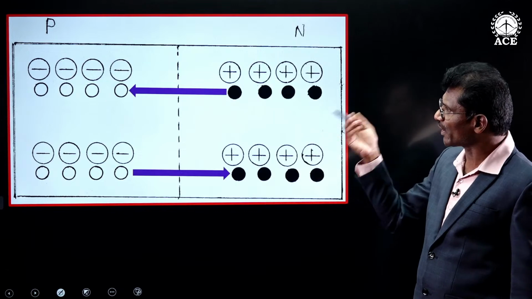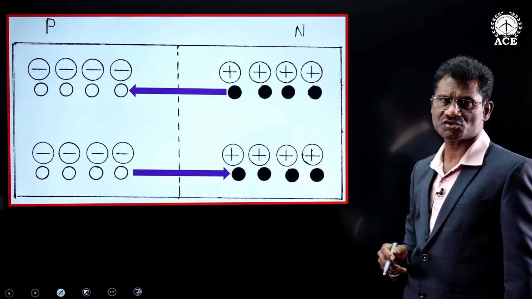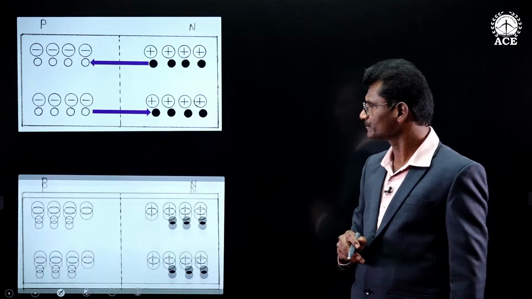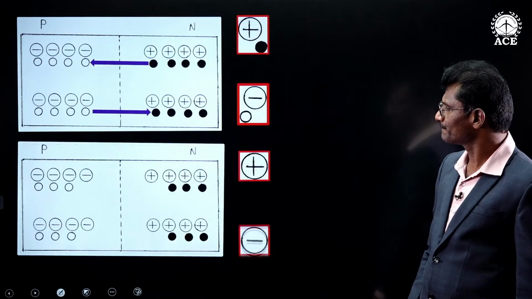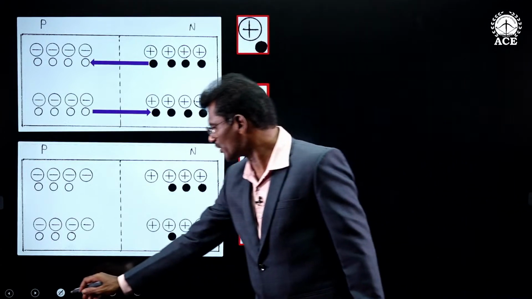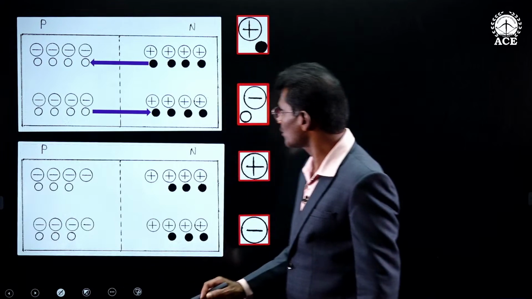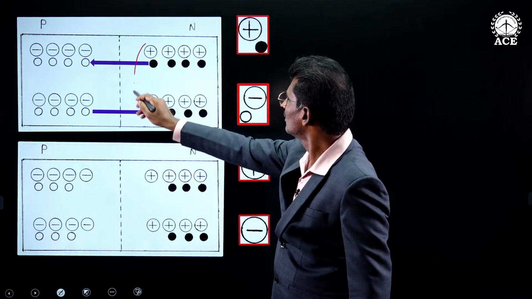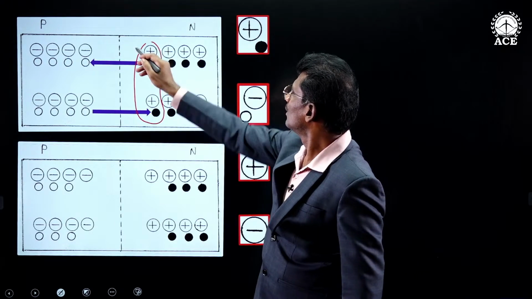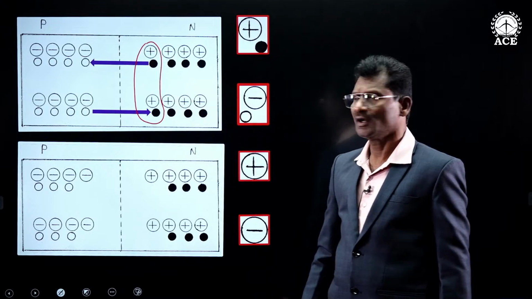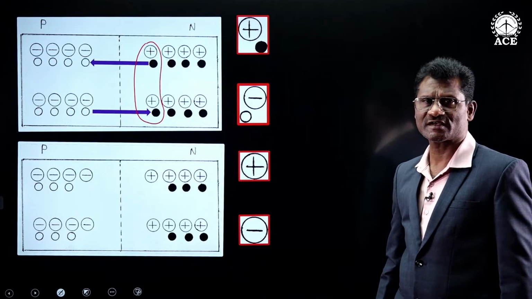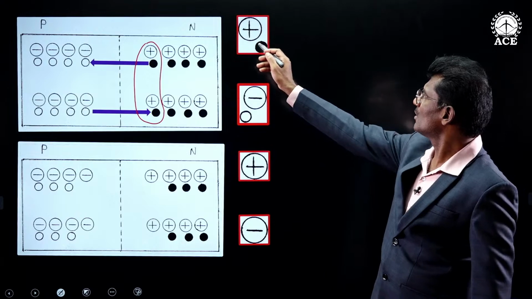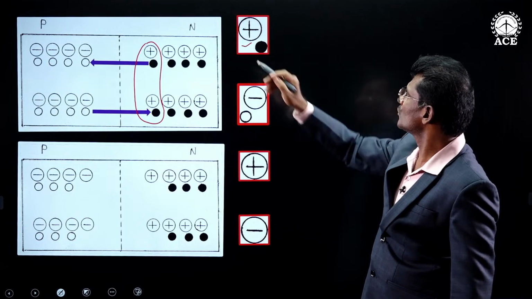Let us see what happens to the internal structure of the device. If you observe here, all these atoms are donor atoms with excess electrons, which are basically neutral.